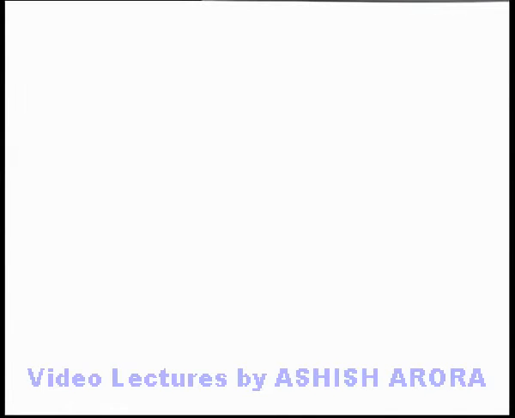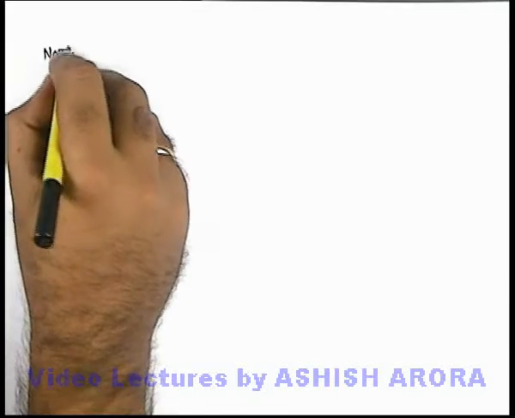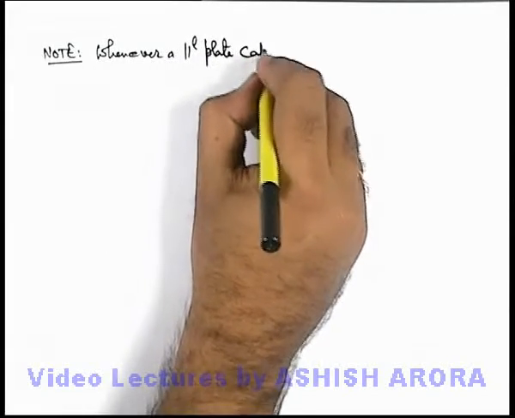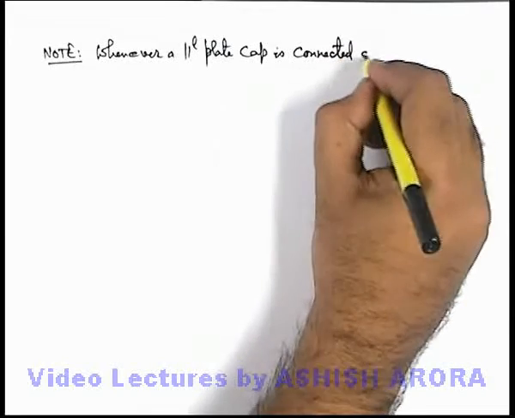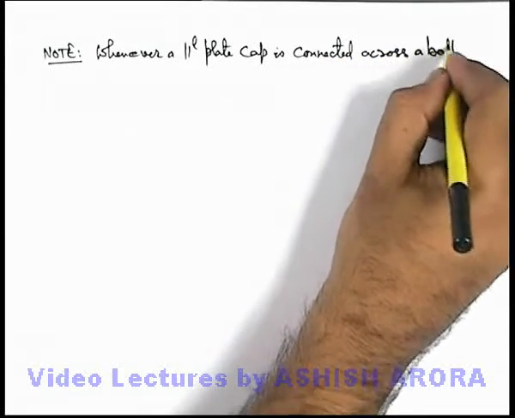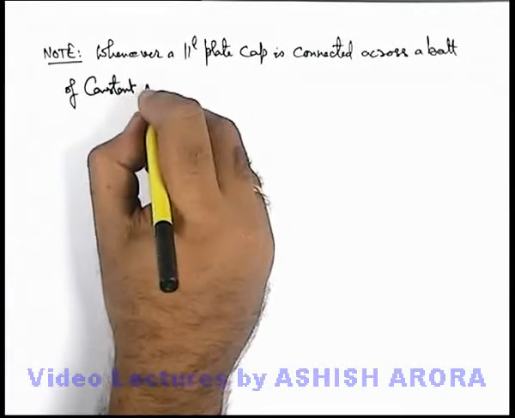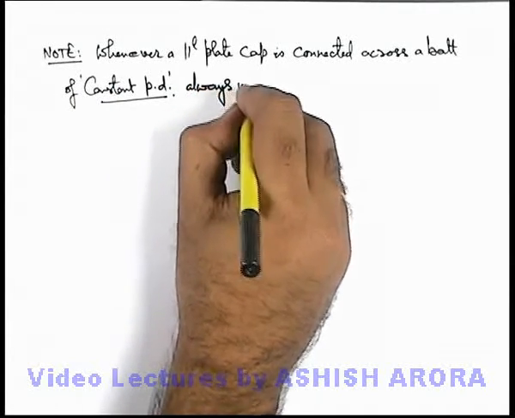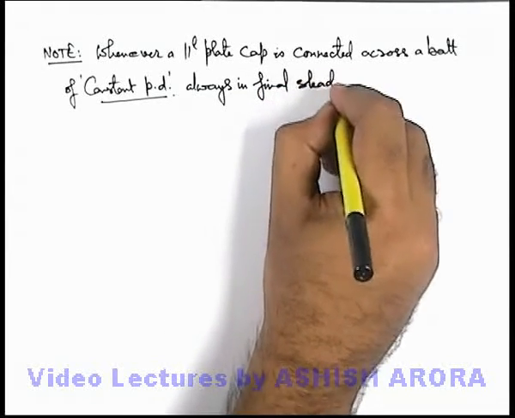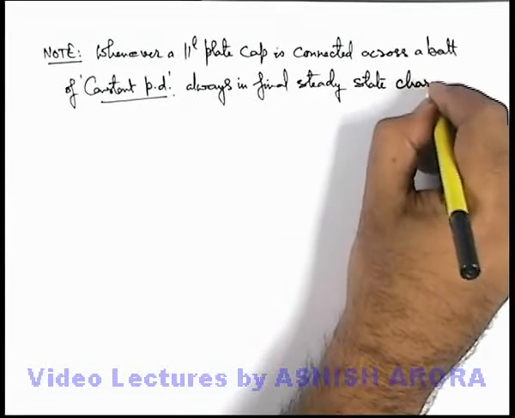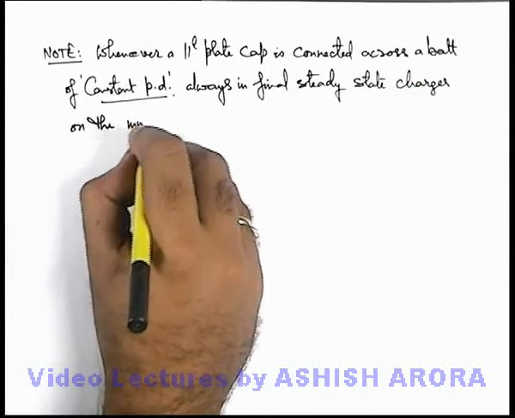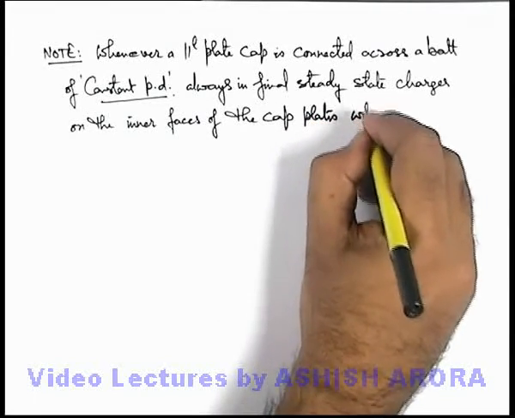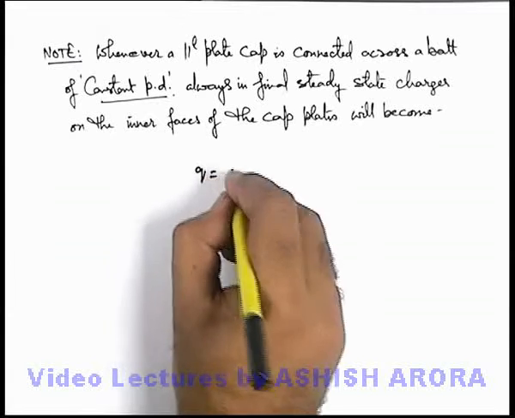In continuation of the discussion of charging of a capacitor, we can also write down a note that whenever a parallel plate capacitor is connected across a battery of constant EMF, or generally we say a battery is a source of constant potential difference, always in the final steady state the charges on the inner faces of the capacitor plates will be equal to CV in magnitude.